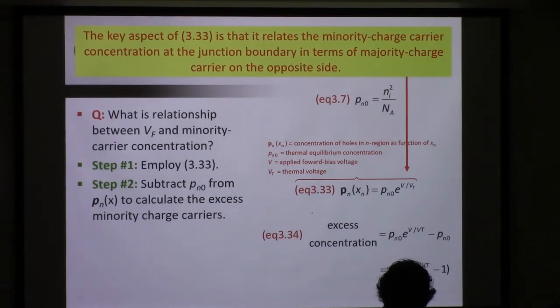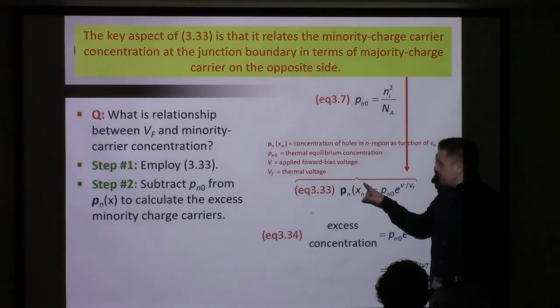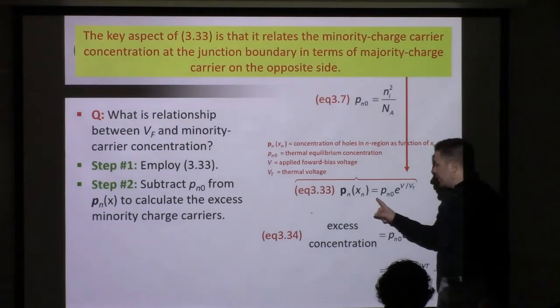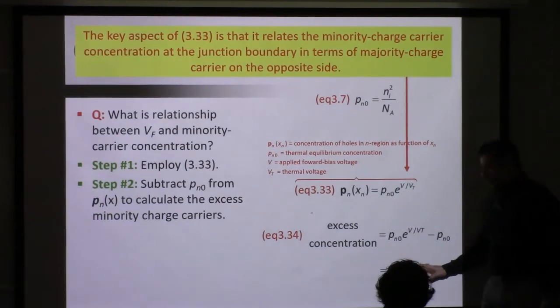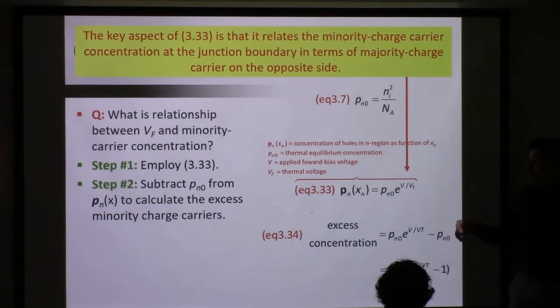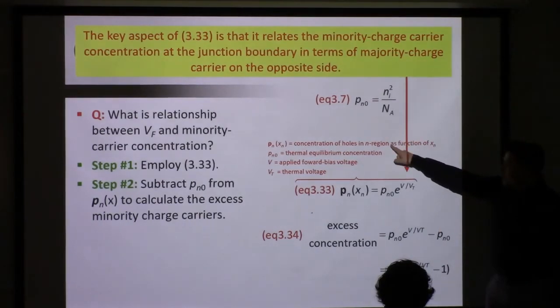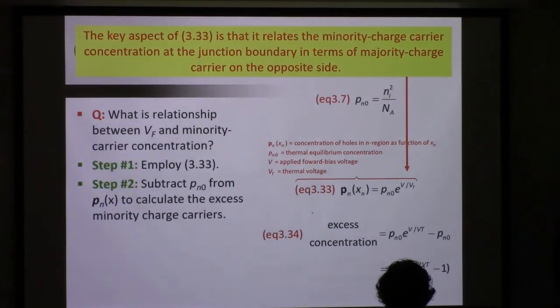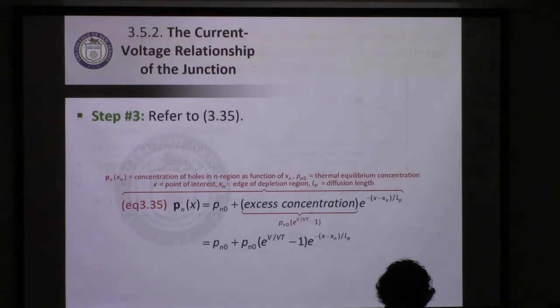Now, this equation only gives us Pn at the edge of the depletion region, at x sub n. If we want to expand this for all x's, meaning we can get the value further to the right, we have to add the part that describes how it exponentially decreases with x. And so that is adding on this chunk.